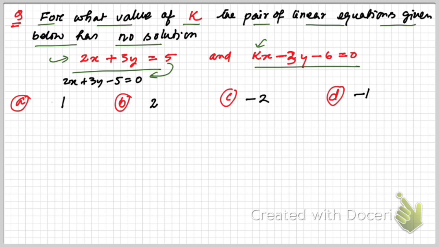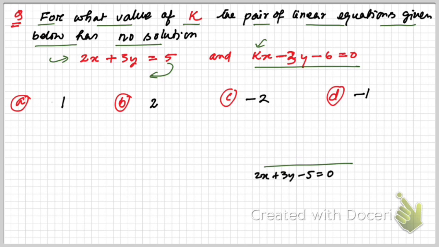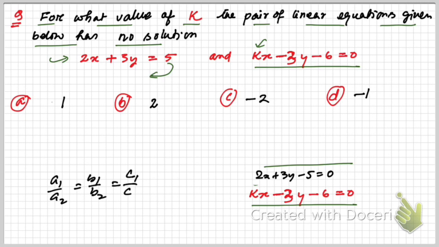Now what was the condition to have no solution? That was a1 by a2 is equal to b1 by b2 is not equal to c1 by c2. This is the condition to be satisfied by a pair of linear equations which has no solution.